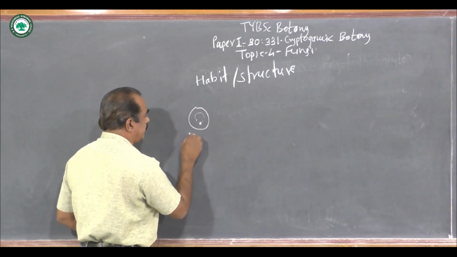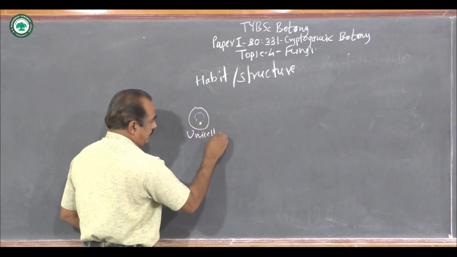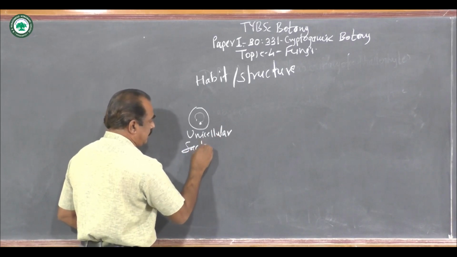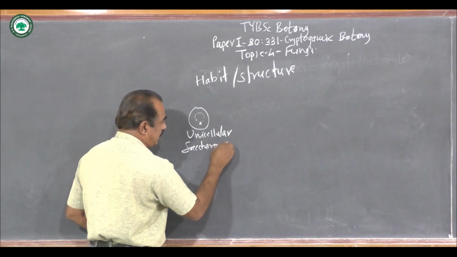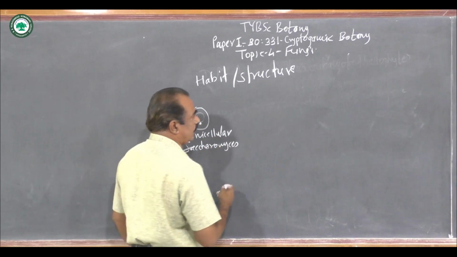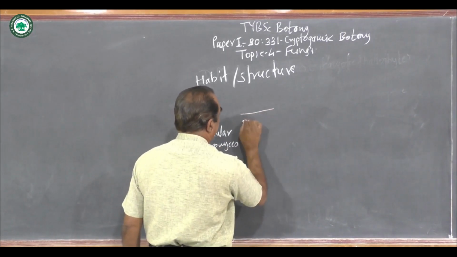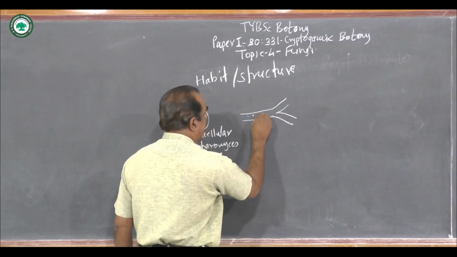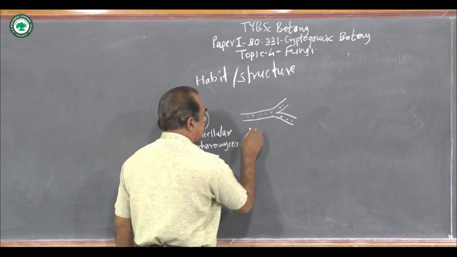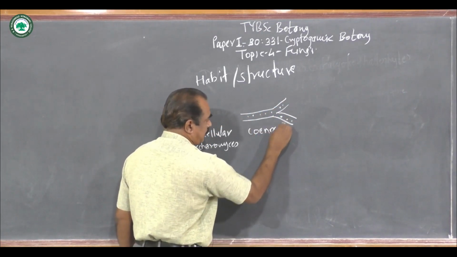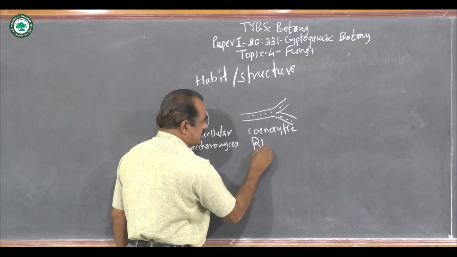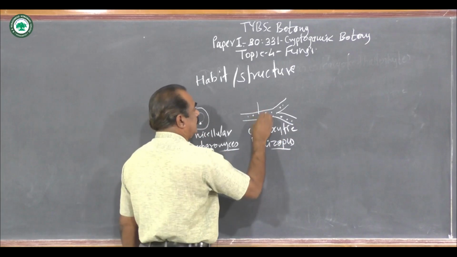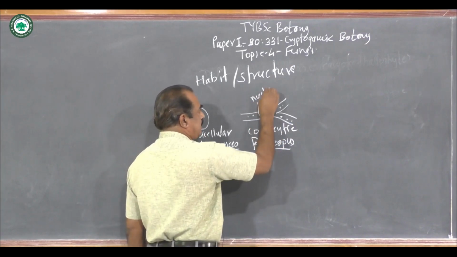This is unicellular. For example, Saccharomyces. This is a coenocytic, it is found in Rhizopus. These are nuclei.